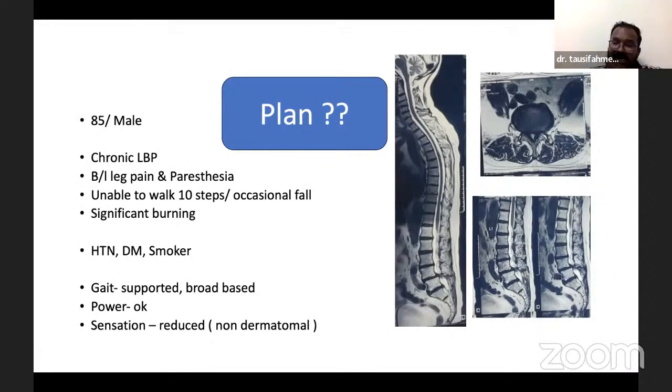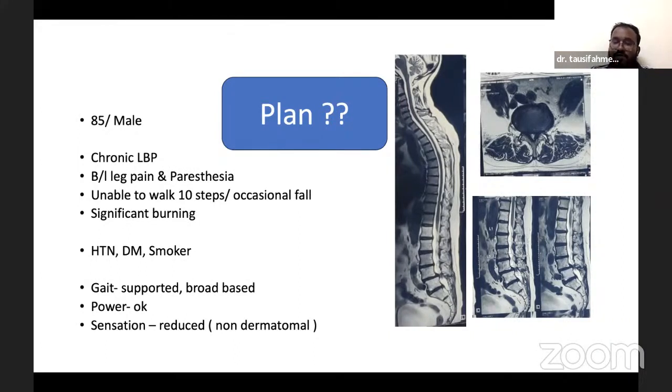The indication for this is usually clinical-radiological mismatch, I would say. Considering this case, he has bilateral lower limb paresthesia, history of occasional falls, and the gait being broad-based, it does not support the radiological picture we have seen.